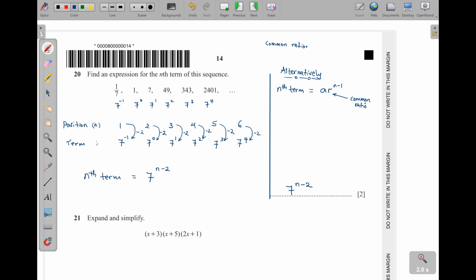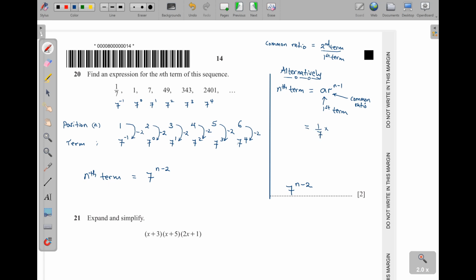you can get, let's say, the second term divided by the first term. You can get the third term divided by the second term, the fourth term divided by the third term, like that. And then a here is the first term. So the first term is 1 over 7.